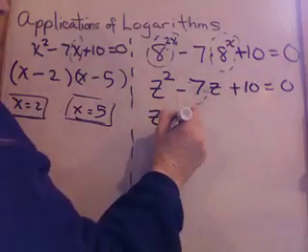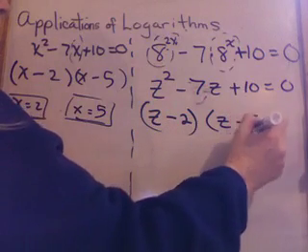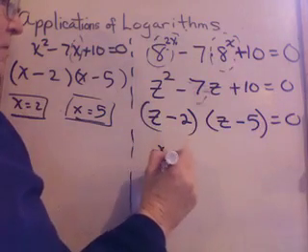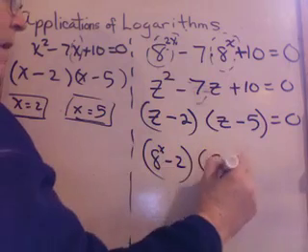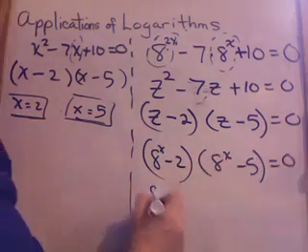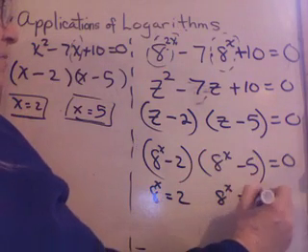So z minus 2, z minus 5, but z was really 8 to the x. So 8 to the x minus 2 and 8 to the x minus 5. Those are the answers. So 8 to the x equals 2. 8 to the x equals 5.